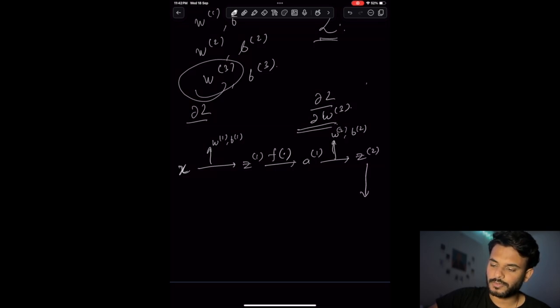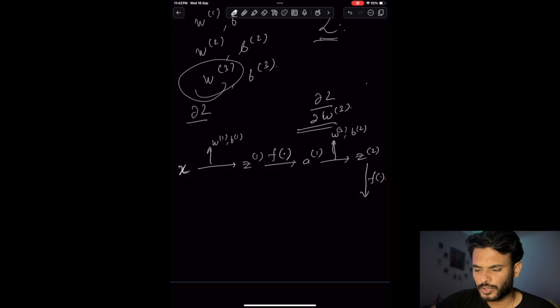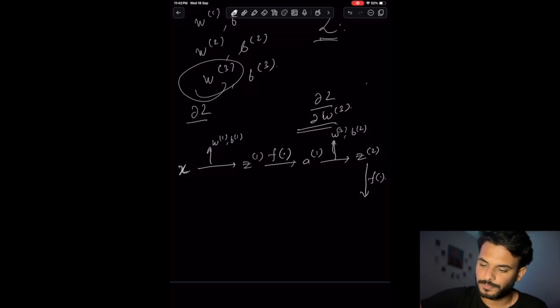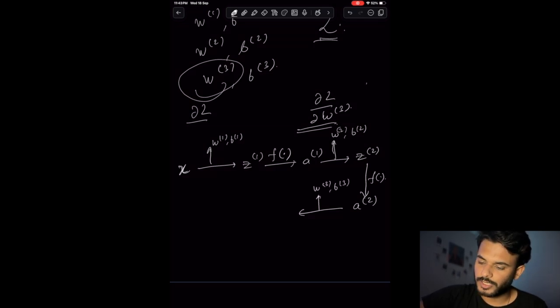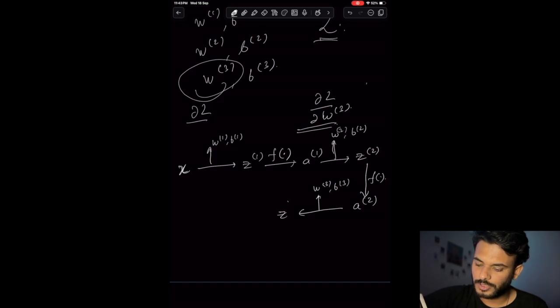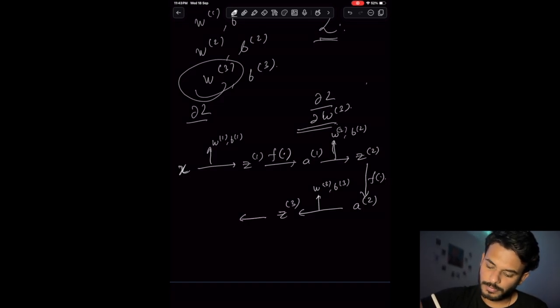Again we apply some activation function, and we have discussed that this function could be the same as this one or different, but for the sake of simplicity we are taking both to be tanh, to get A2. Then here comes W3, B3, again a linear transformation, and you get Z3. Then on Z3 we apply softmax.